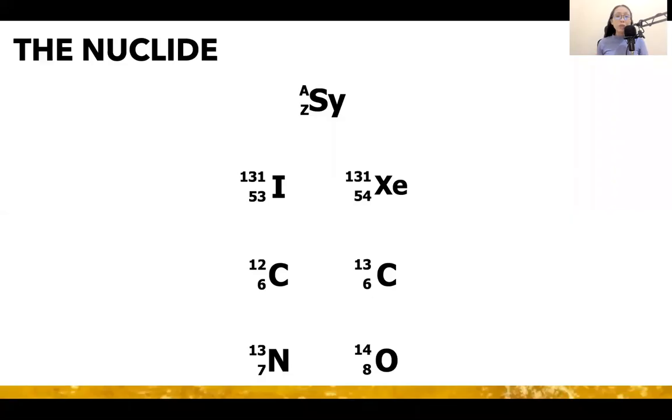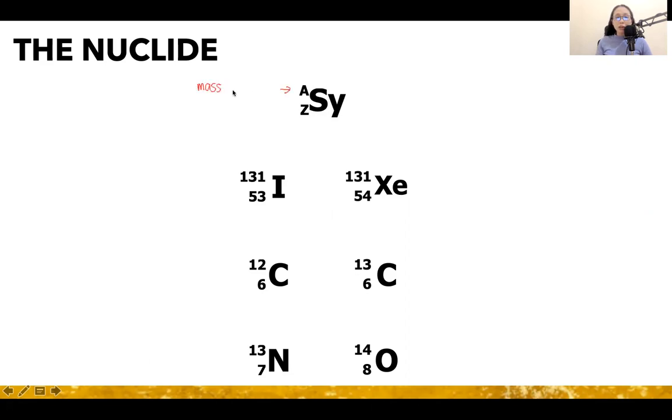First, we need to recall our representation of an atom. To represent an atom, especially in nuclear reactions, we must show the atomic number and the mass number of a specific atom. So recall, you have the symbol. SY here is not an element, I just use it as a general symbol. On the upper left side of your symbol, you write your mass number.